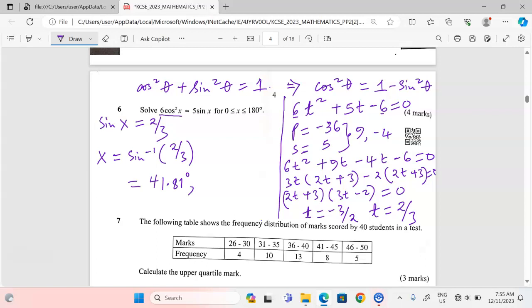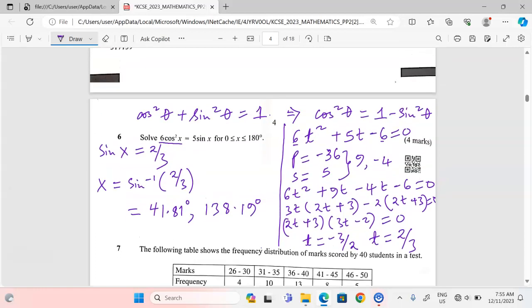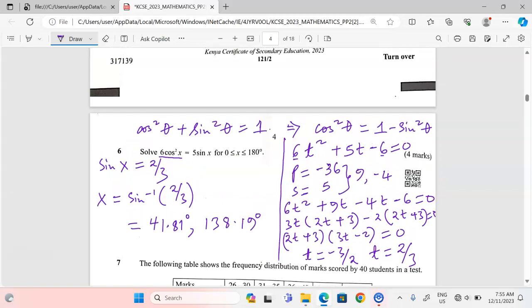Therefore, I take 180 and subtract the value of the angle, and I get 138.19 degrees. So these are the values of x which satisfy the above equation. Thank you for following.